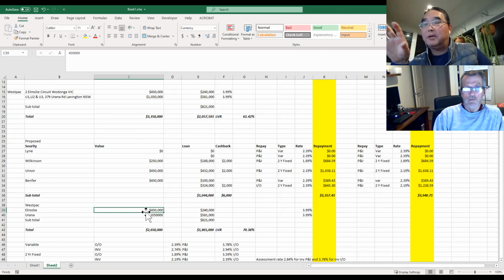This loan falls under the National Consumer Protection Act, so the bank's hands are pretty much tied. They can't just sell whichever way they want because it's not a commercial loan. If it's a commercial or business loan, it's totally different, it's not protected. But this kind of residential loan is protected by NCCP.